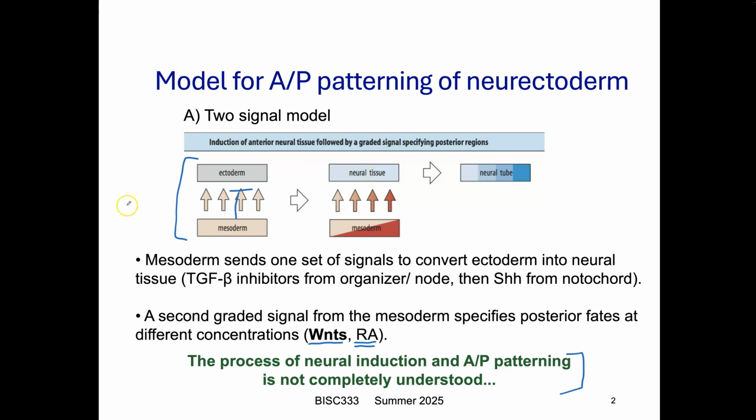And then there's also, you will remember, Sonic Hedgehog from the notochord, which is patterning the closest part of the neural plate, neural tissue. So these are all the kinds of signals we've already talked about.